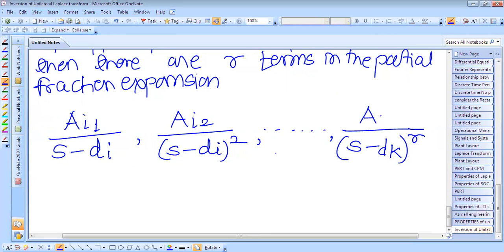Okay, so the inverse Laplace transform of each term is found, and we can write here like this.